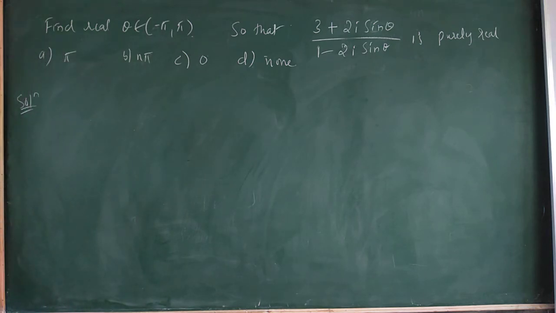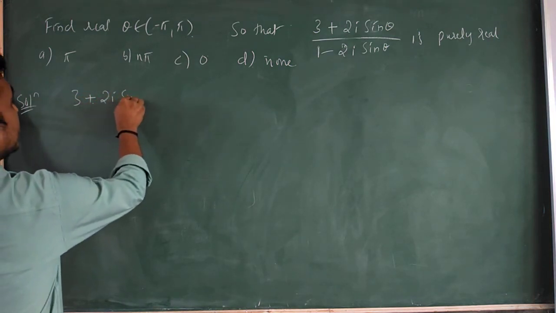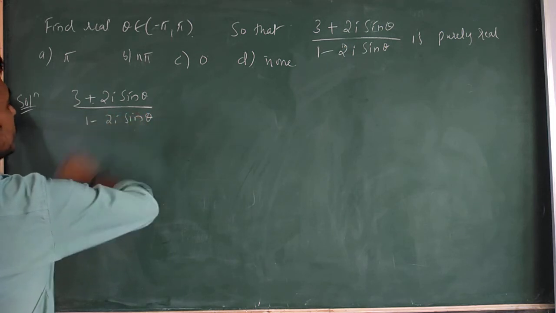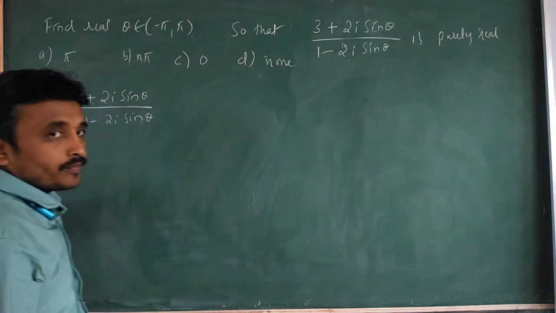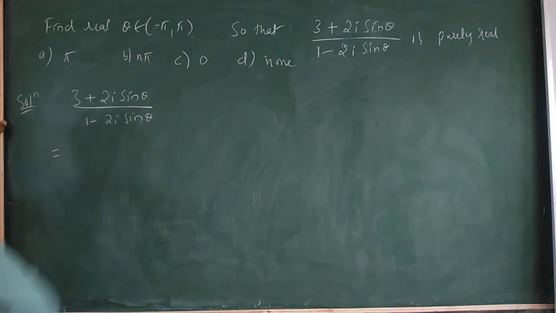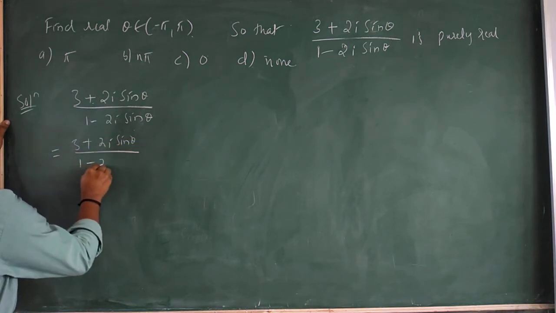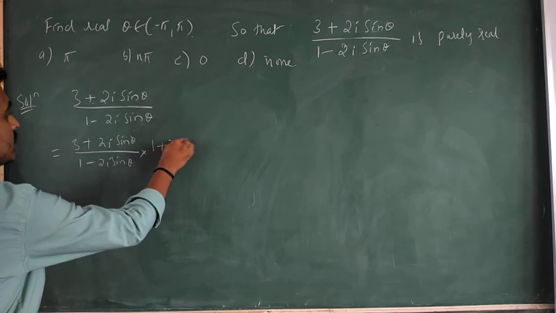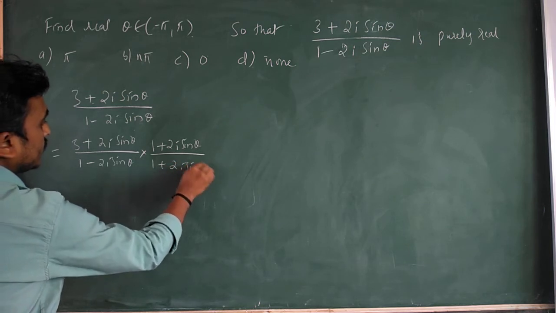Okay. Now, given (3 plus 2i sin theta) divided by (1 minus 2i sin theta). First we have to convert this into the form a plus ib, by rationalizing the denominator. Multiply by (1 plus 2i sin theta) divided by (1 plus 2i sin theta).